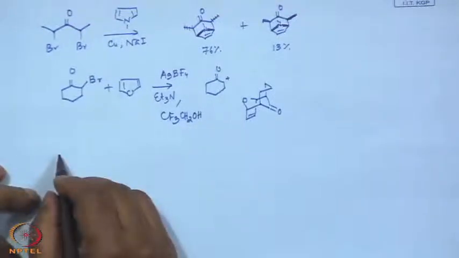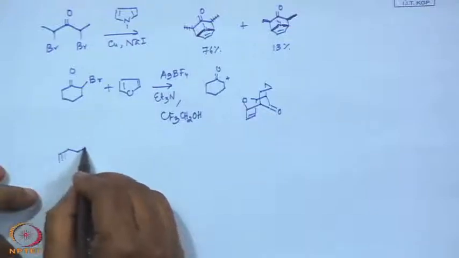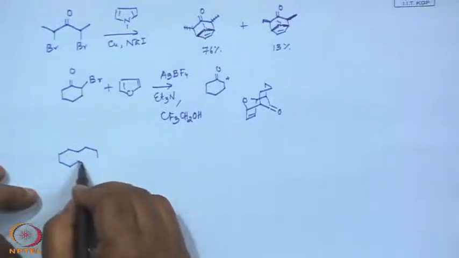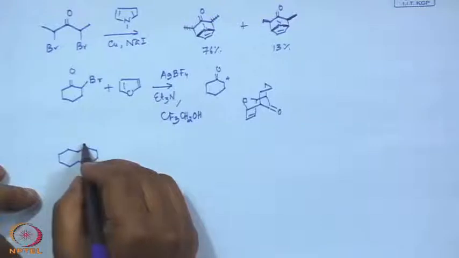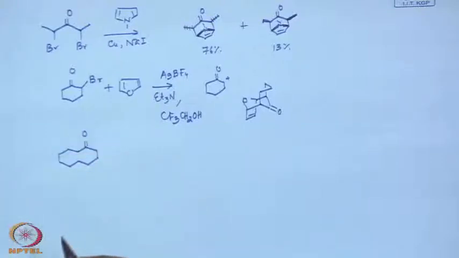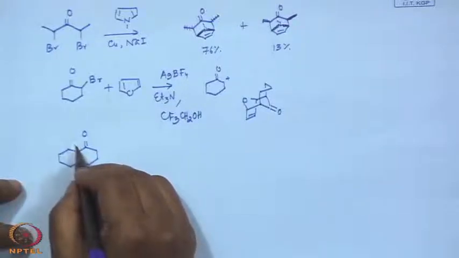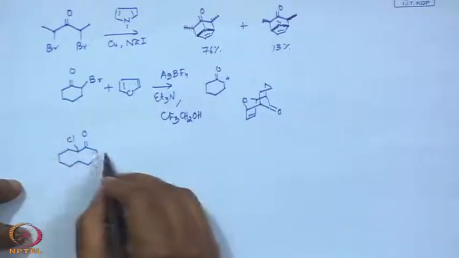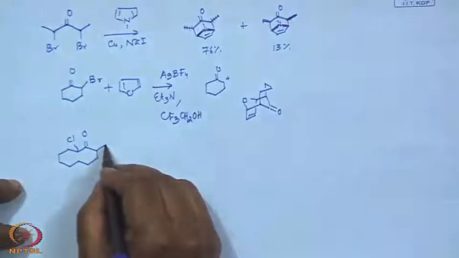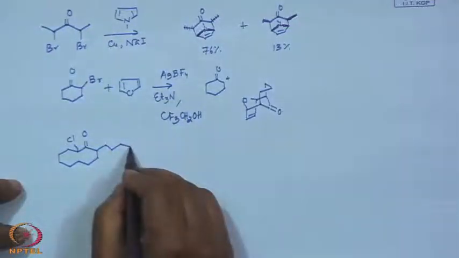Let us look at one more example. This is now a macrocycle, a macrocycle with a ketone and a halogen at the alpha position here, and there are tricks by which you can make this.